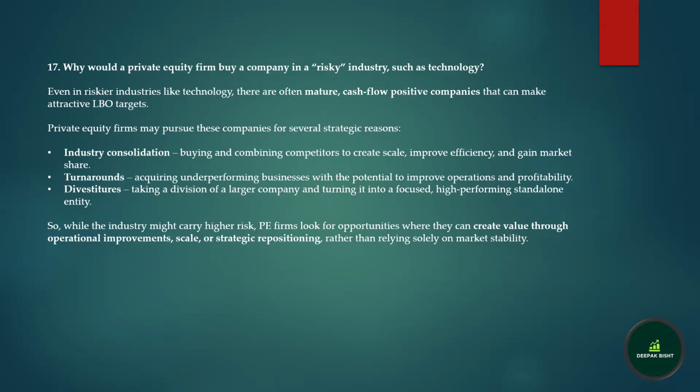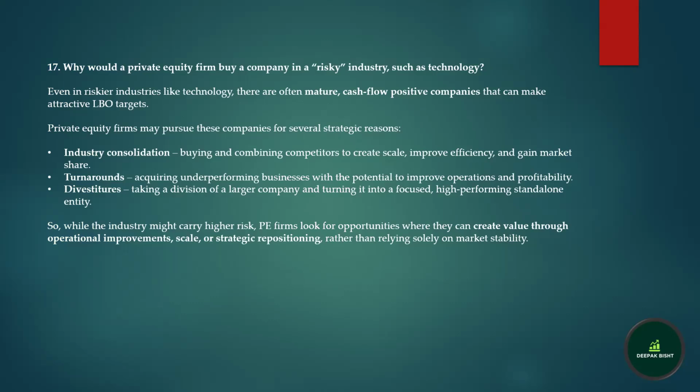And it also gives them diversification and portfolio balance. So private equity firms often build a diversified portfolio across industries and sectors to balance risk. Even if one investment is in a high risk sector like technology, other investments in more stable sectors like consumer staples and healthcare can offset the potential volatility.